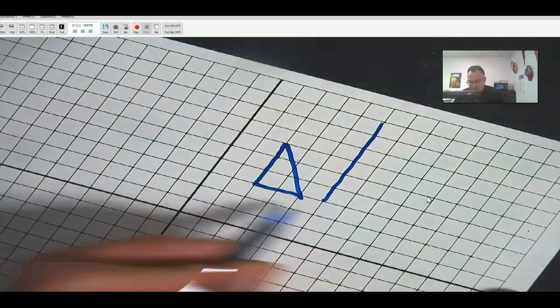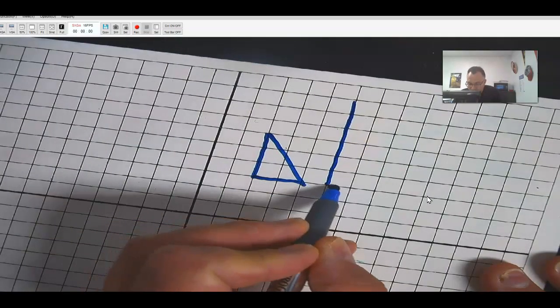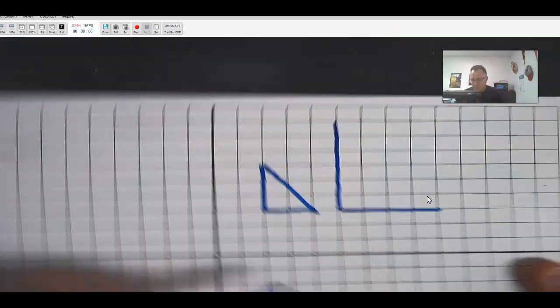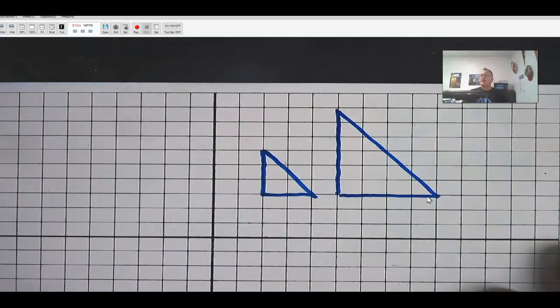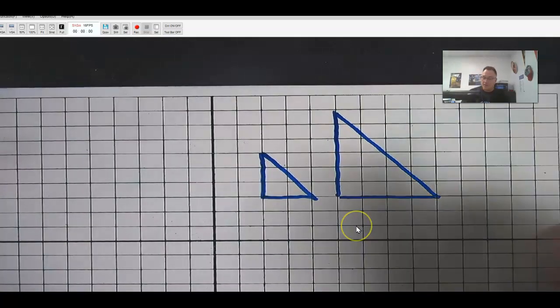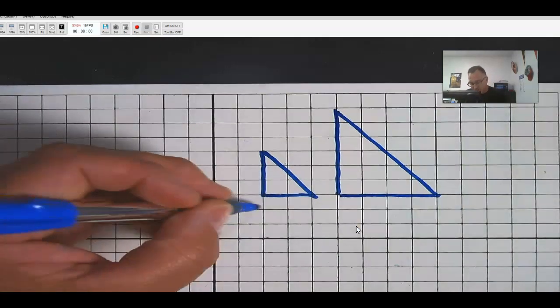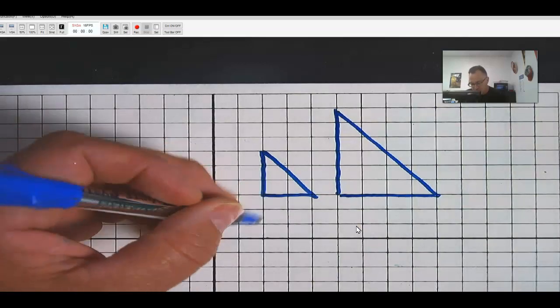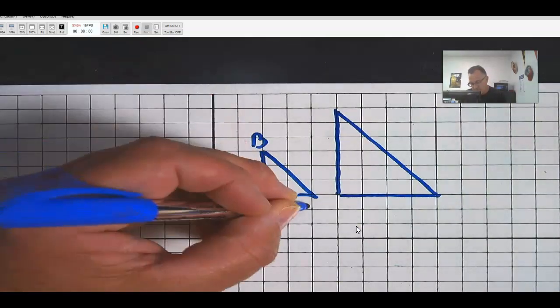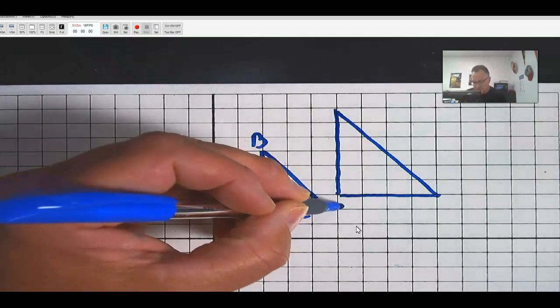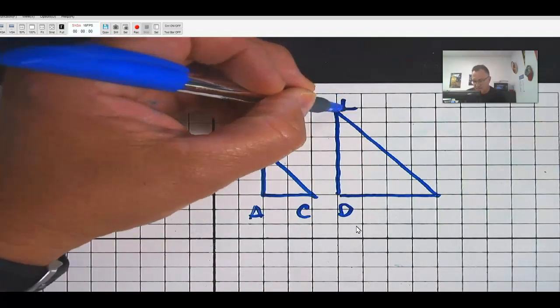And this side is now going to be 4, and we got that. Now these two triangles, I'll call this one ABC, and call this DEF.